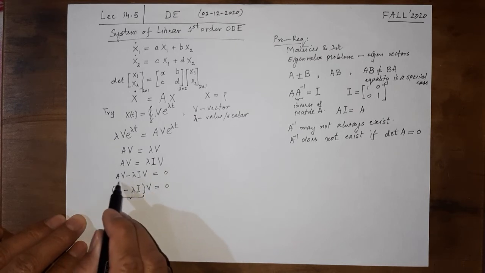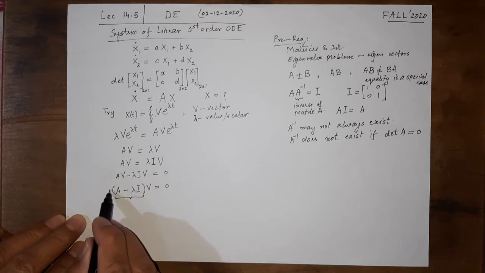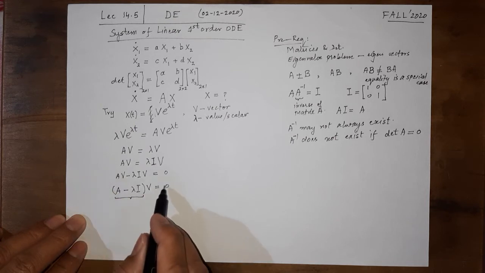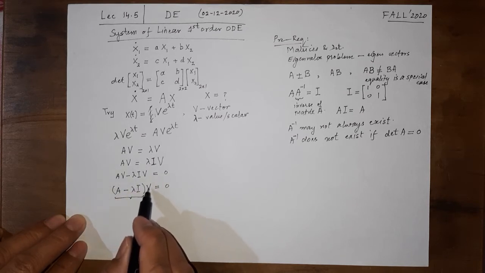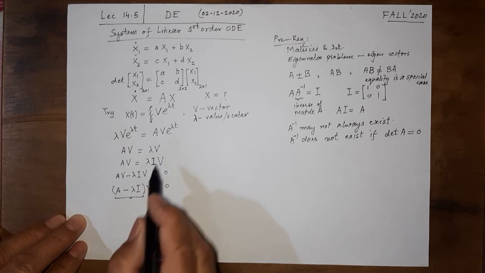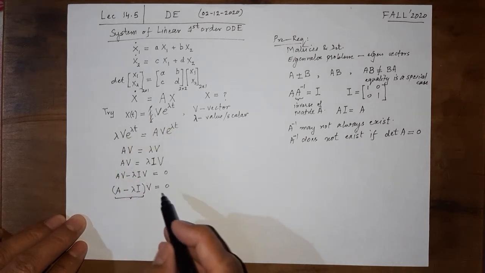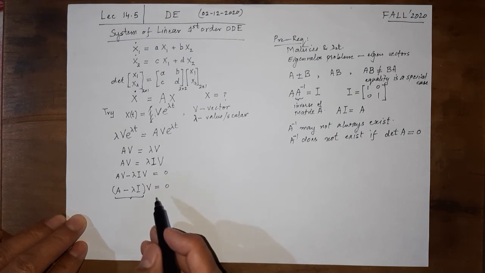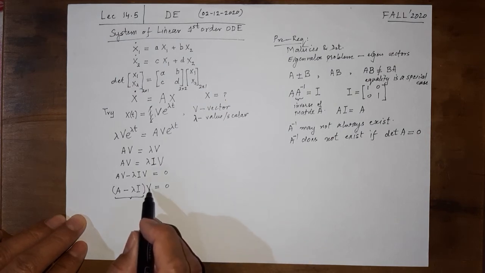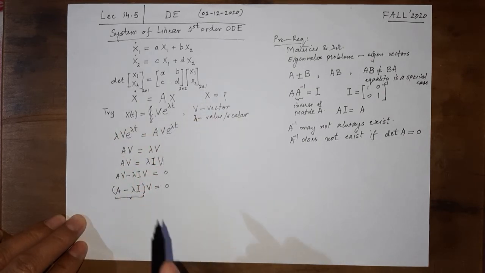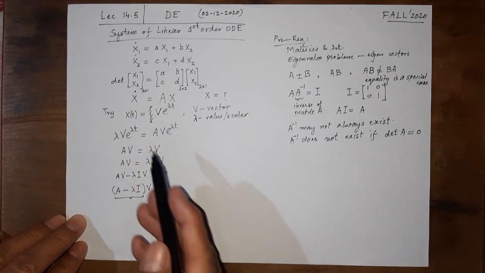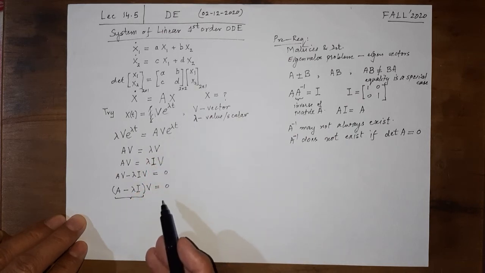So if for this 2 by 2 matrix we have an inverse and we multiply it here and here as well, we are going to get a 0 here, and for this whole thing to become 0, this V must be 0, and V being 0 is a trivial solution that we are not interested in. If V is 0, then everything is 0 and it obviously satisfies the original equation, but it does not tell us anything about x1 and x2.